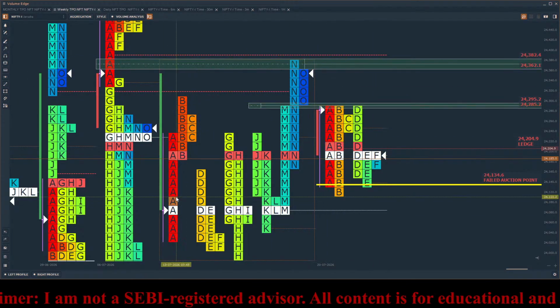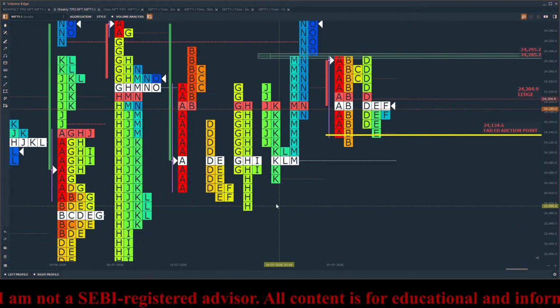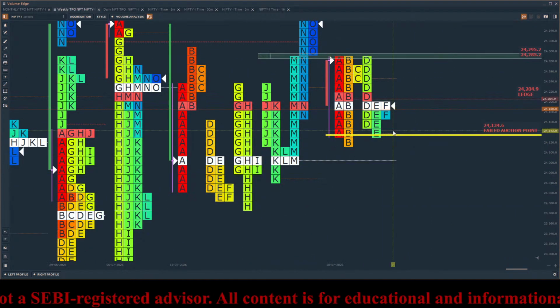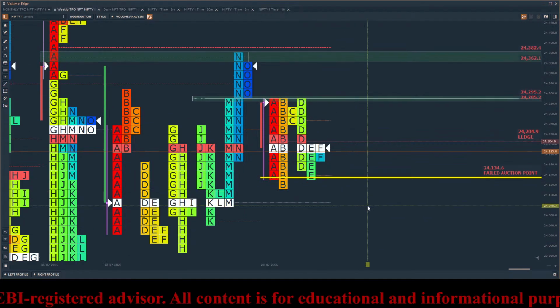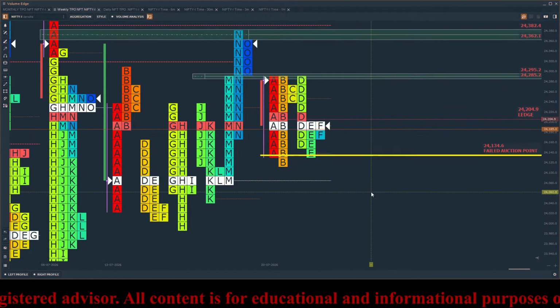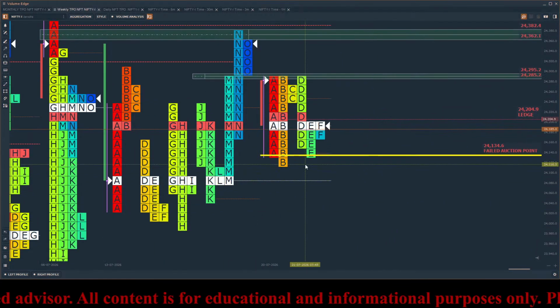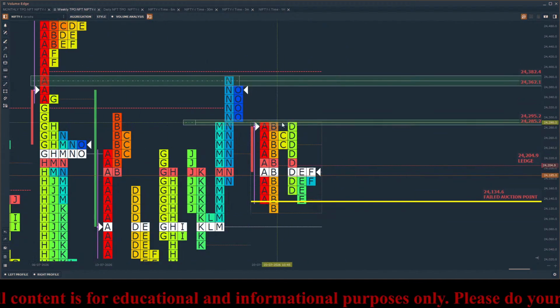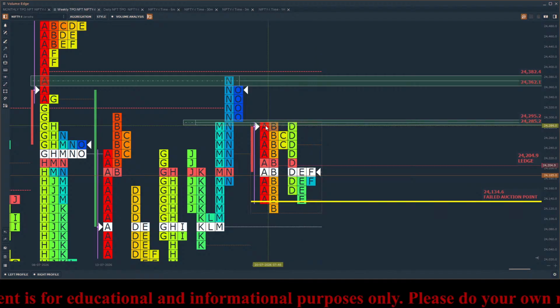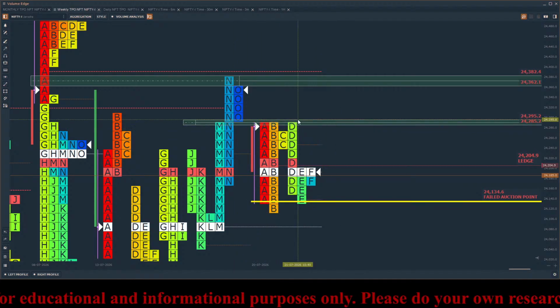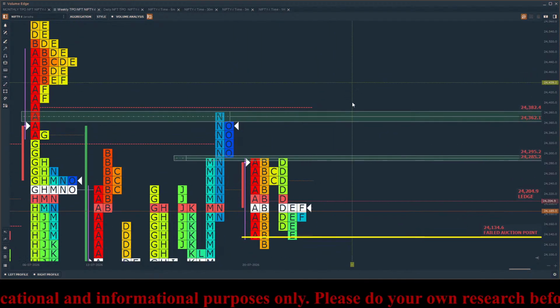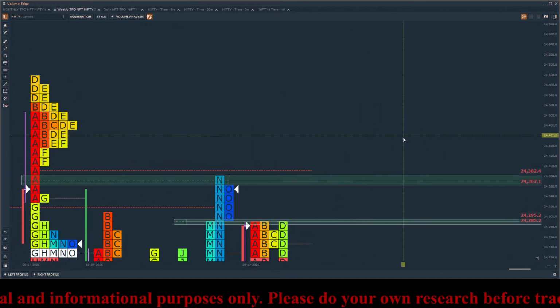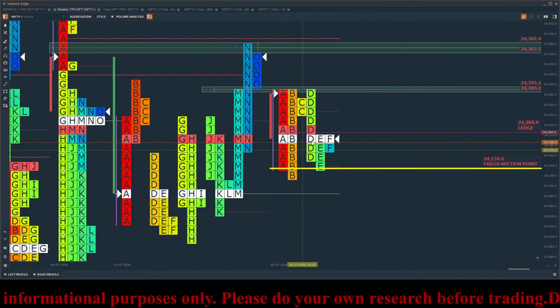Here also, see this, it's completely moving upside. It says that the bullish people are there in the market, but they couldn't break this level. For that we need additional support to break this level and reach here or somewhere here. That is what we are understanding from the market.